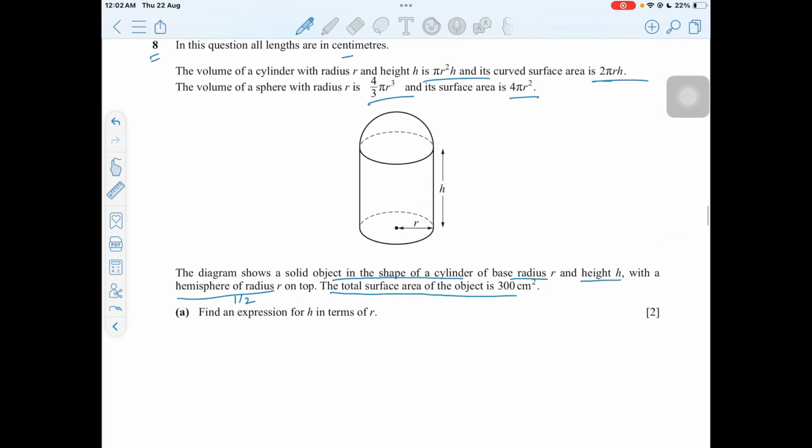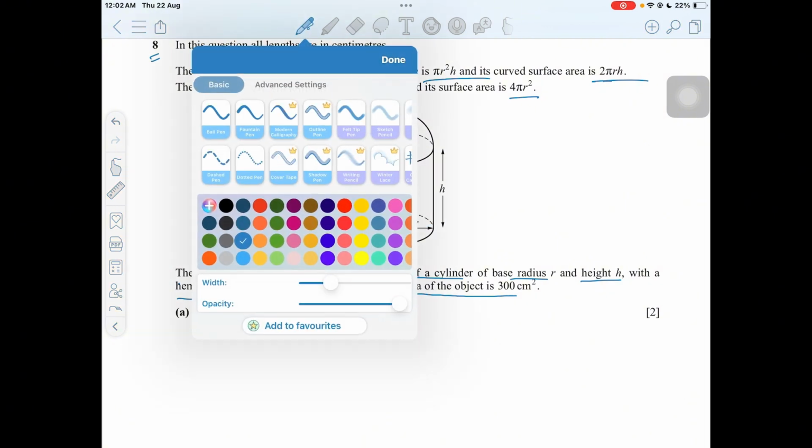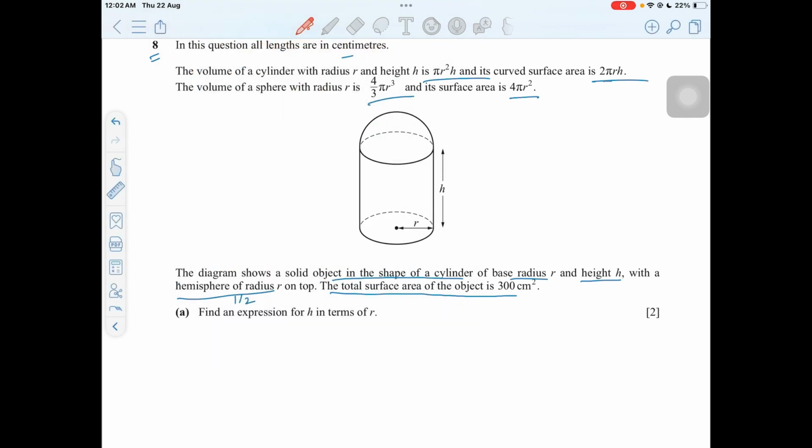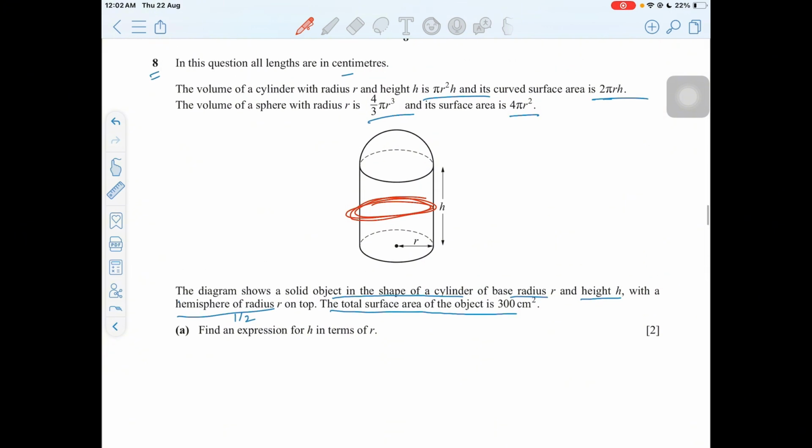So let's take what is the surface area. This curved surface area would be included, this base would be included, right? Let's take different pens over here. The curved surface area of the cylinder would be included. The total surface area is all the area you can touch.